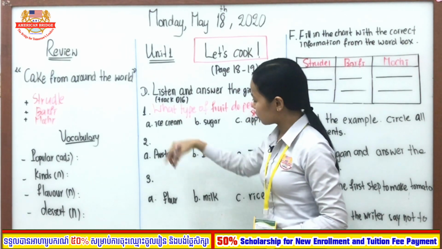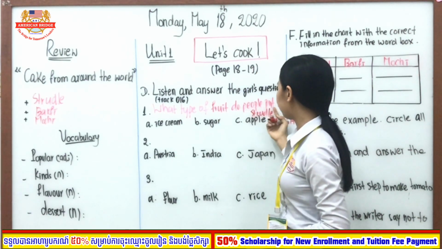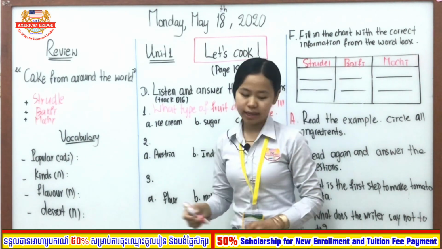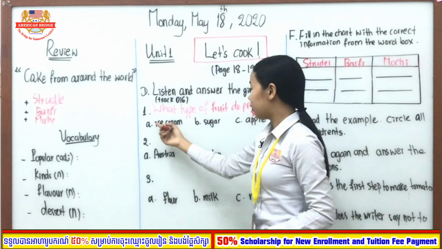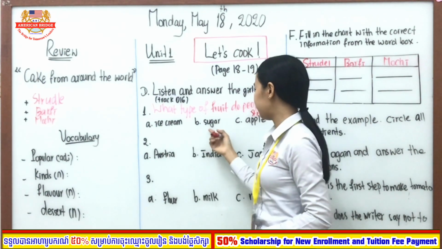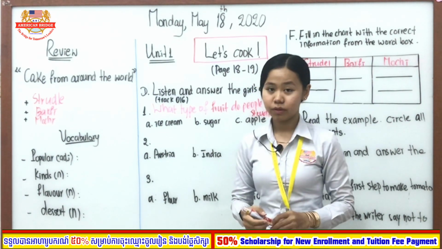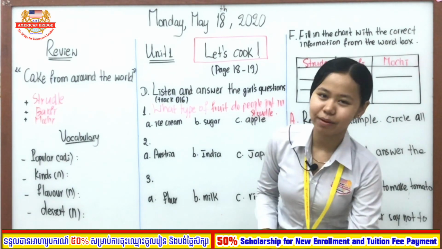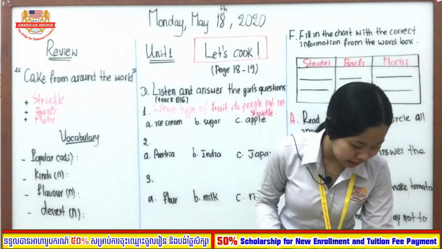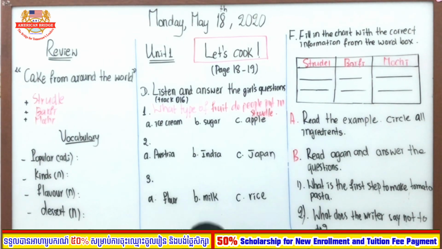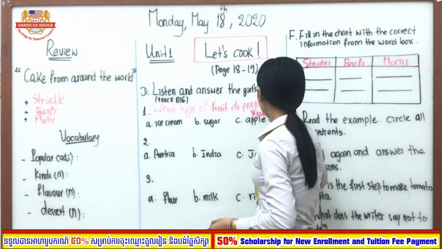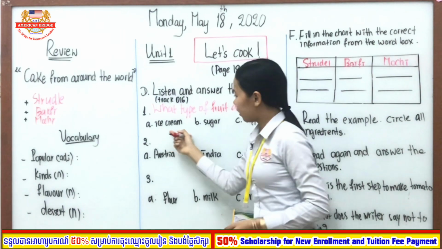Number one: what type of fruit do people put in strudel? And what is the answer here, everyone? Ice cream, sugar, or apple? Do you still remember? If you don't remember, you can refer to our text here. So what is the answer?